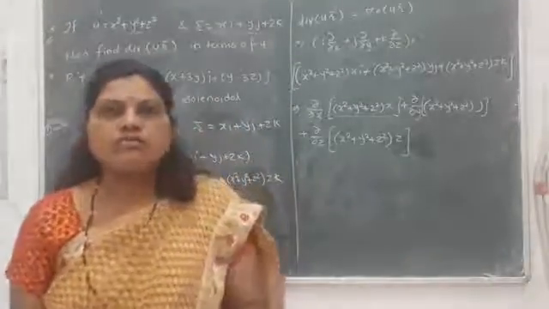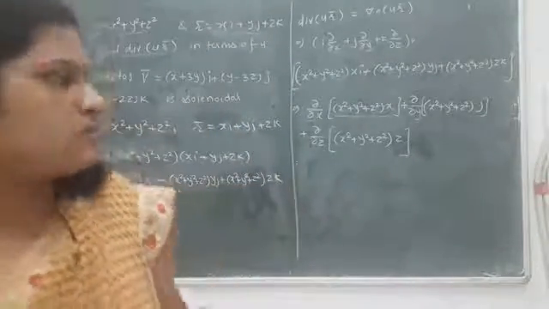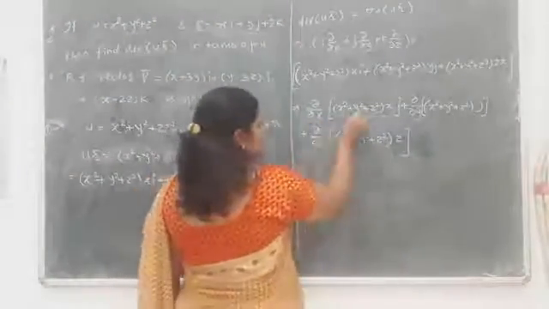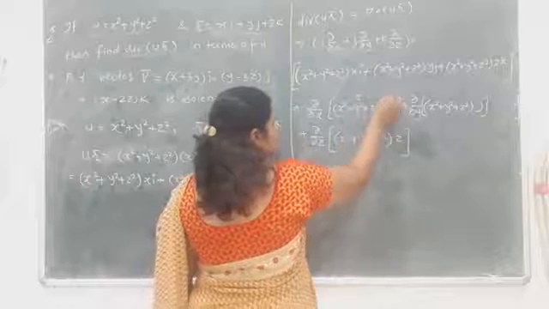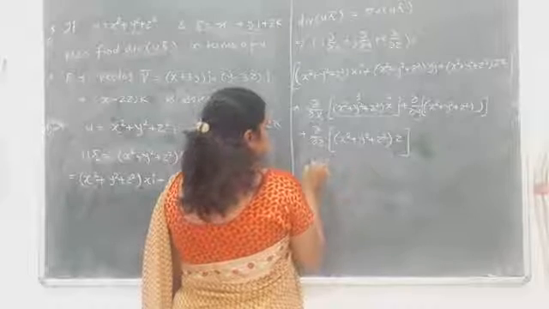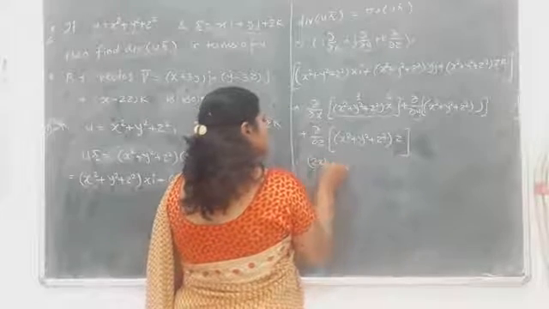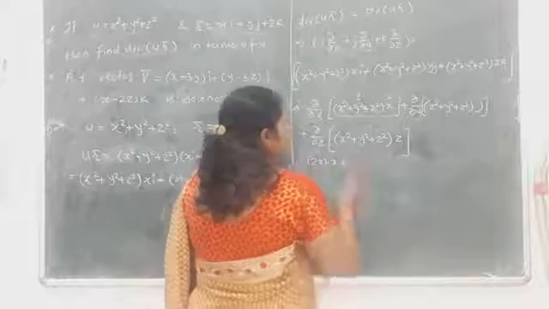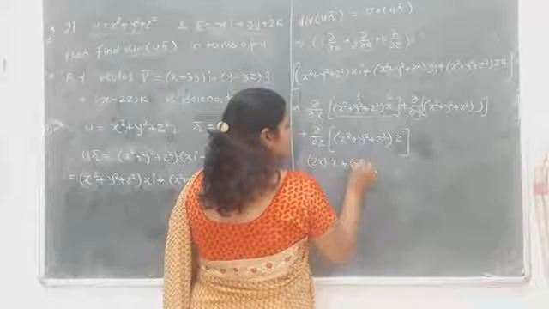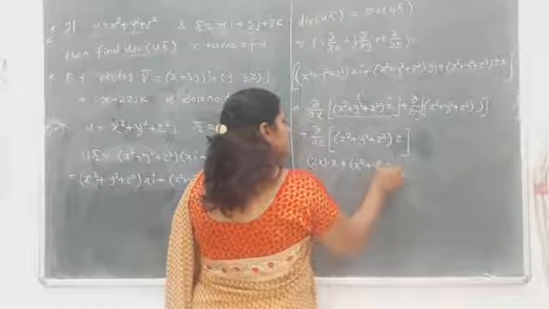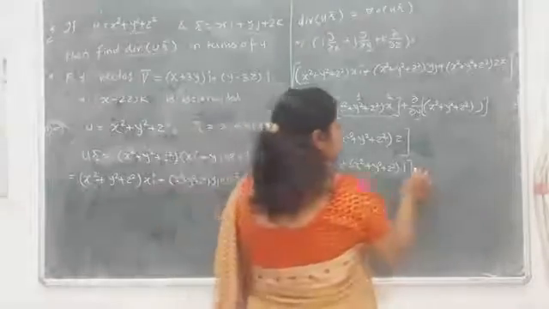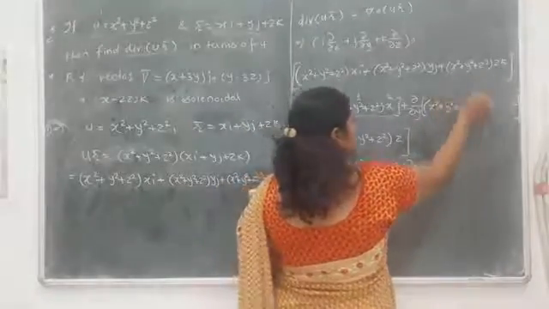One is the bracket x square plus y square plus z square, and the second term is x. So you have to apply the product rule here. Now when you differentiate the first term, keeping the second term, the derivative of the first term here will be 2x, so 2x into x plus, the second time you differentiate x, its derivative will be 1, 1 into this term, so it can be written as x square plus y square plus z square into the derivative of x, which is 1. After this, plus, here also the product rule applies, the first term and the second term.